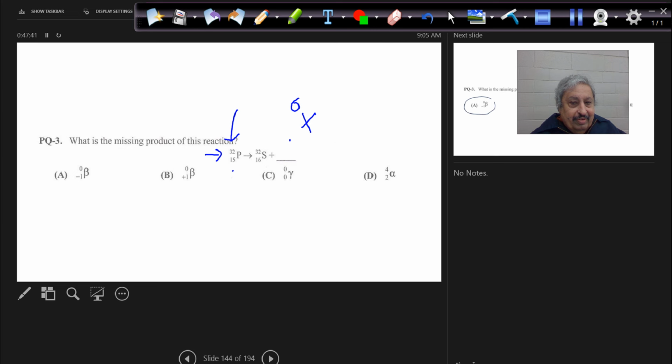Negative what? Negative 1. That will be E, 0, minus 1, or beta, 0, minus 1. That's a beta radiation. So where is the answer here?